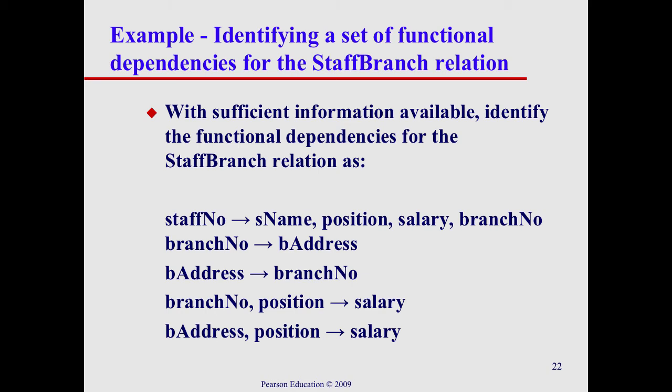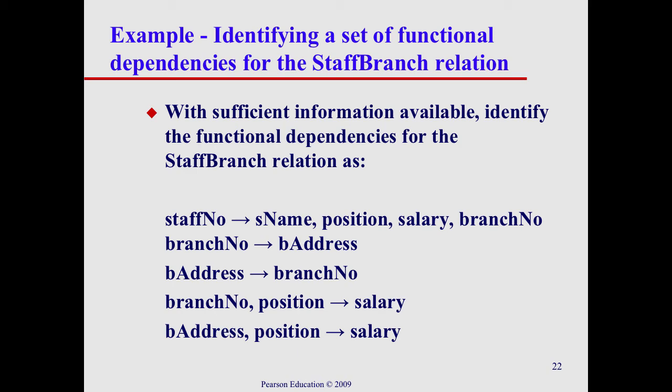But this is pretty mathematical. Once you've verified it with someone, yes, the branch number and the position determines the salary, and we want to enforce this in the database. Basically, functional dependencies are constraints that we want to enforce in the database.